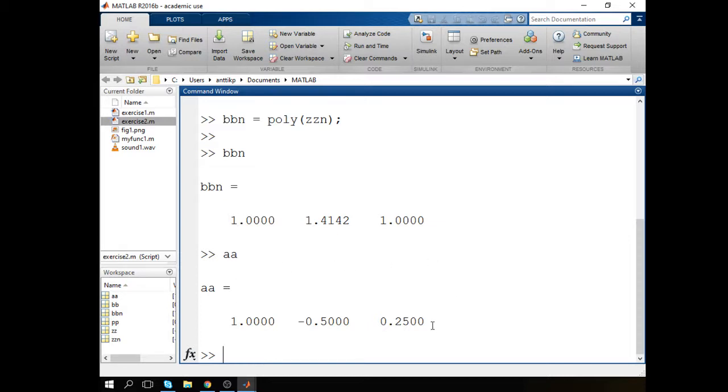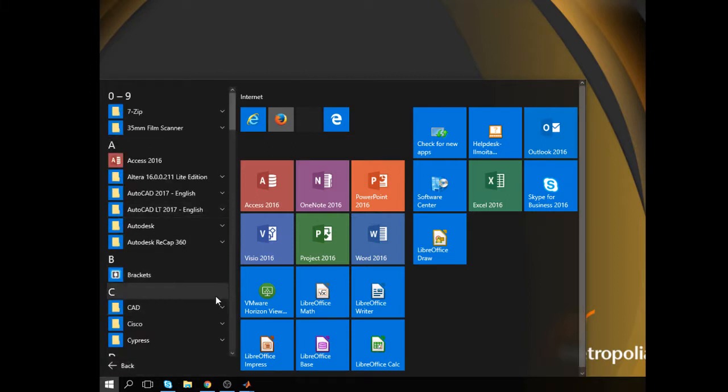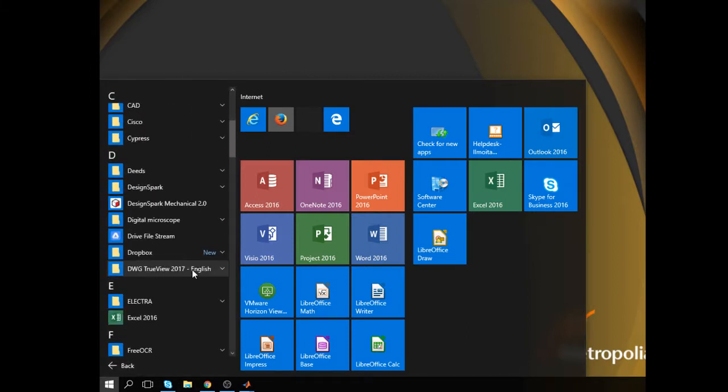Okay, the frequency response showed, or not the frequency response, the Z-plane of that actually showed something. Maybe I should actually move into Octave, since I cannot otherwise. Octave is in.